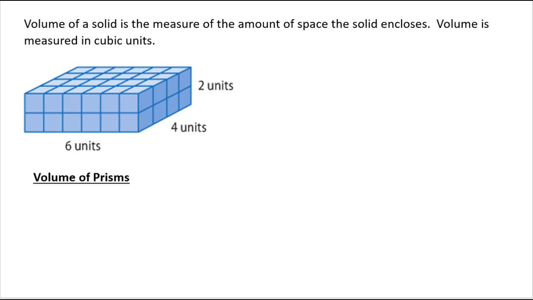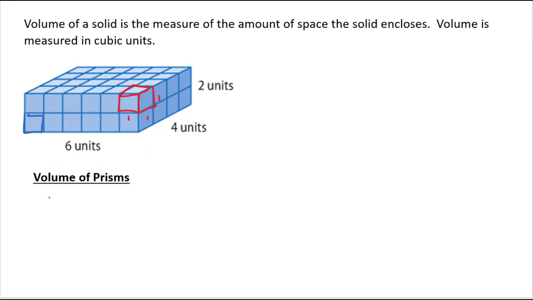So look at it like these are all 1 unit by 1 unit by 1 unit. Let me actually look at one over here and highlight it in red so you can see. 1 by 1 by 1. Okay, 1 unit by 1 unit by 1 unit cube that I'm fitting into a certain solid.